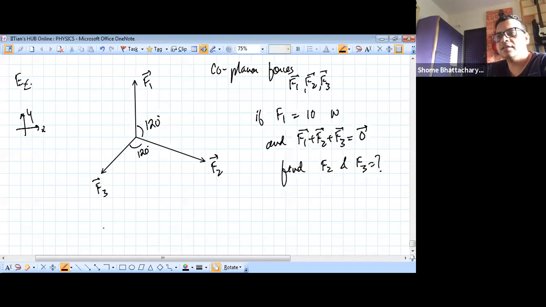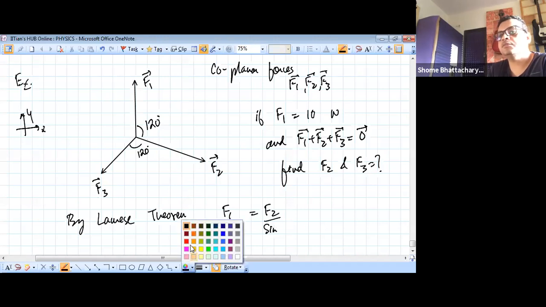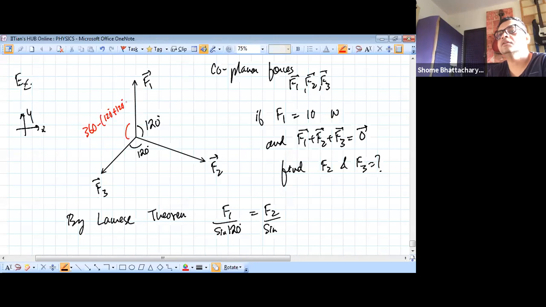Okay. So you can see that by Lami's theorem, F1 upon sine 120 should be equal to F2 upon sine, which will also become 120. Because this and this are 120, this must be 360 minus 120 plus 120, so this angle must also be 120.